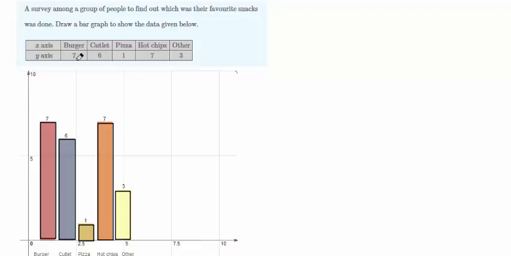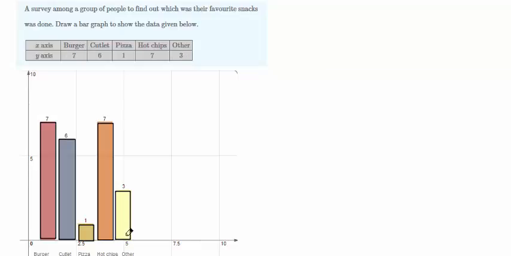And because as many as 7 said that burger and hot chips were their favorite snack, you see the 7 and the 7 over here for burger and hot chips, and the two bars have the same length. And they're the longest or the highest because 7 is the highest number on this list.